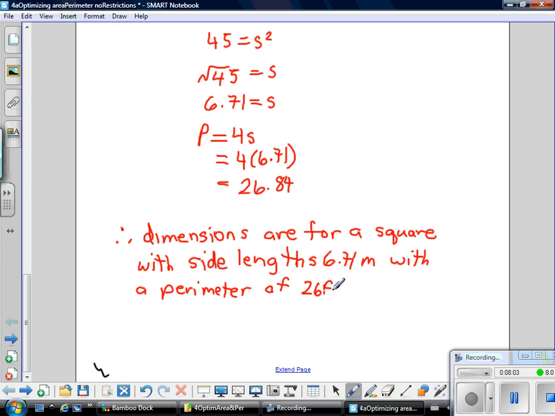Sorry, my cursor doesn't want to go in where I want it. Okay, so what we've done so far, remember, everything has to do with a square.